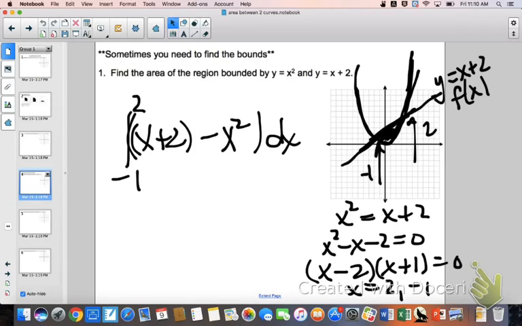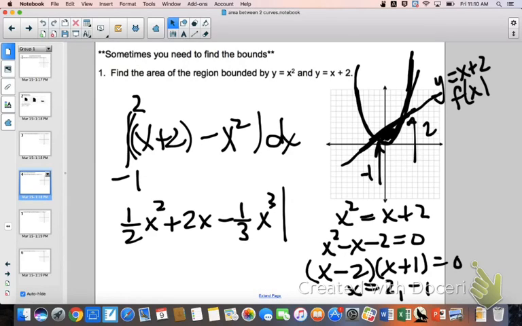When you integrate that, the integral of x is 1/2 x squared, the integral of plus 2 is 2x, the integral of minus x squared is minus 1/3 x cubed, and you're going from negative 1 to 2. Go ahead, plug in 2, plug in negative 1. At the end, you should get 4.5 or 9/2. Okay, so pause the video, go through that, make sure you get your math right.